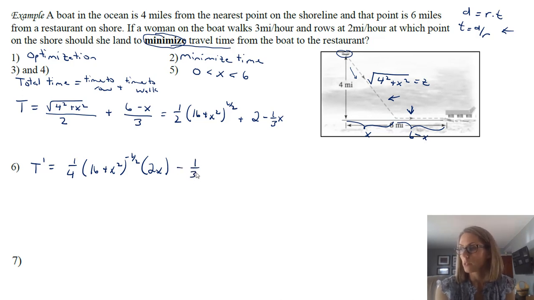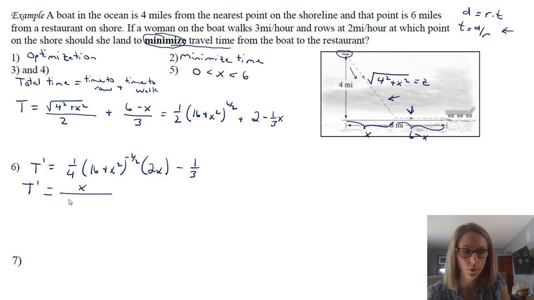Now, of course, this doesn't look particularly pretty, so I'm going to do some work here to get it to the point where I can set it equal to 0. The best thing to do is to combine these into one fraction. Notice the first piece will be x over 2, because the 2 simplifies with the 4, square root of 16 plus x squared.